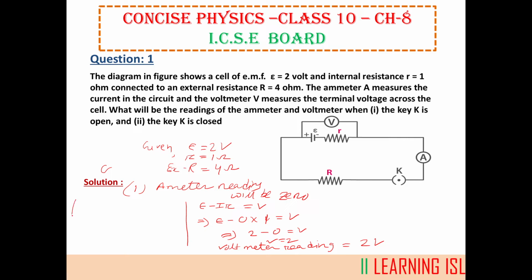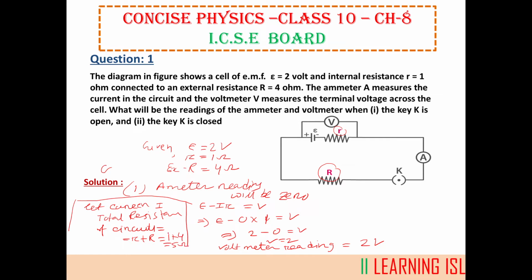When the circuit is closed, let the current be I. Here the total resistance of the circuit is equal to the internal resistance r plus the external resistance R. So that will be small r plus capital R equal to, small r is 1 and capital R is 4, so 5 ohm.